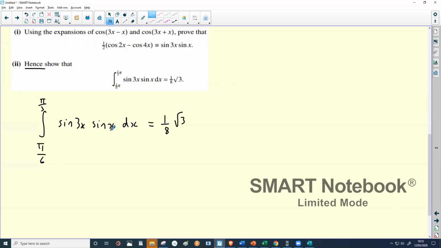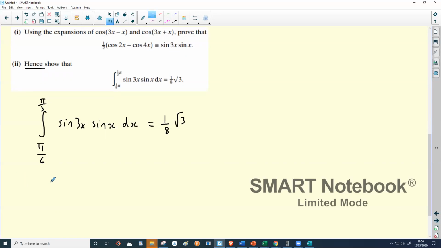Now the benefit of writing it as a sum of those cos ratios is that we can actually integrate it, whereas if we tried integrating sin 3x sin x using either by parts or by substitution, we would get stuck at some stage.